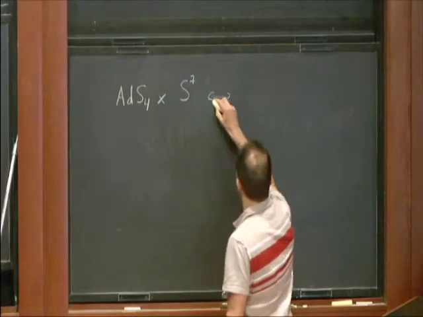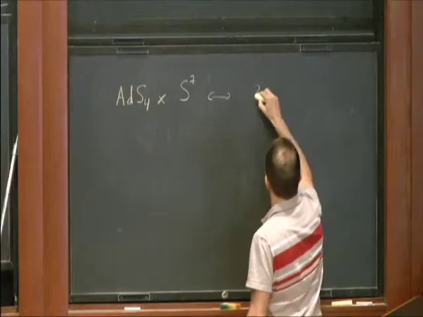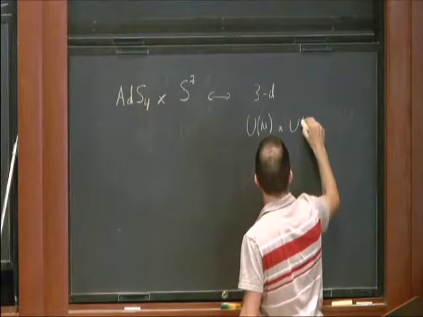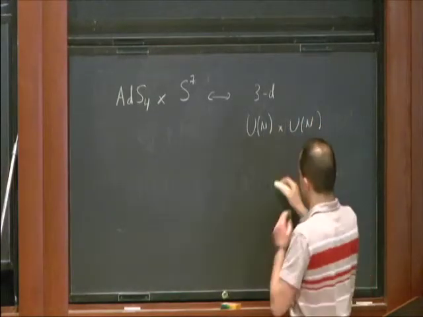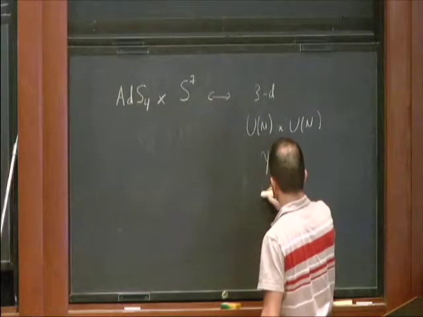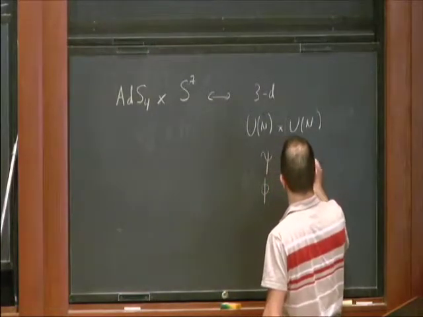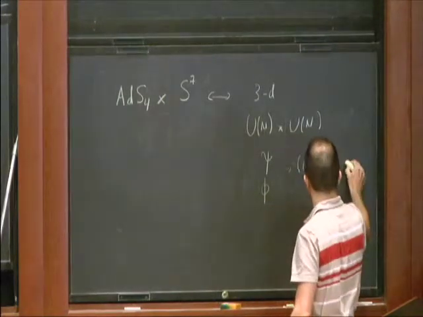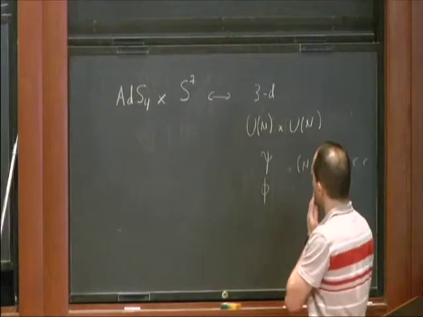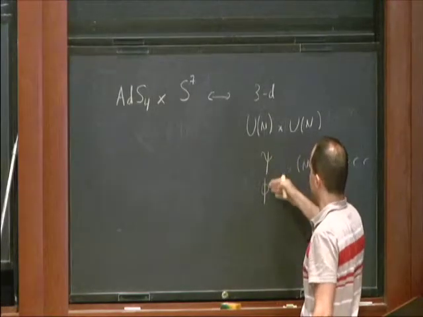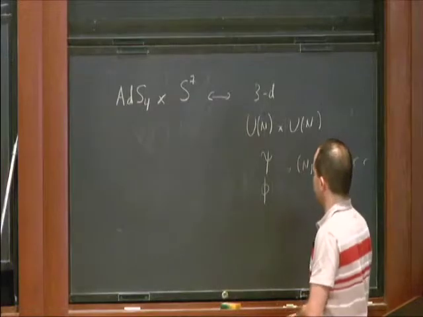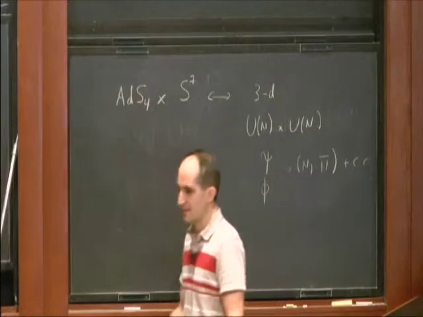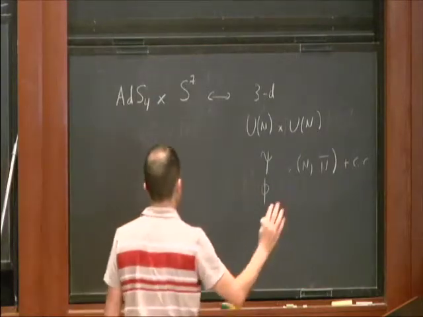And in this case, the dual theory is some particular 3-dimensional theory that has a gauge group U(N) times U(N). It has a bunch of fermion fields and bosonic fields that transform in the fundamental under one gauge group and the anti-fundamental of the other. And of course, we have the complex conjugate ones. Then we write an action for this, and we impose that it has a maximal number of possible supersymmetries, and that defines the theory uniquely up to an overall constant.